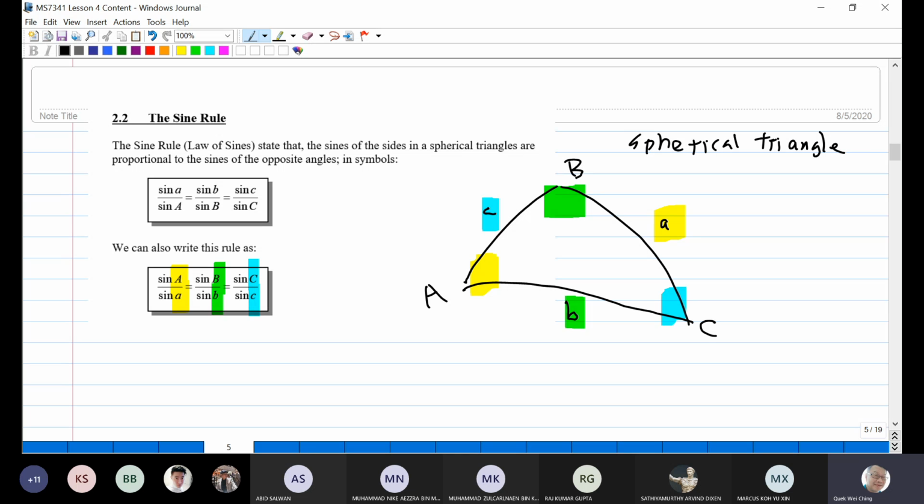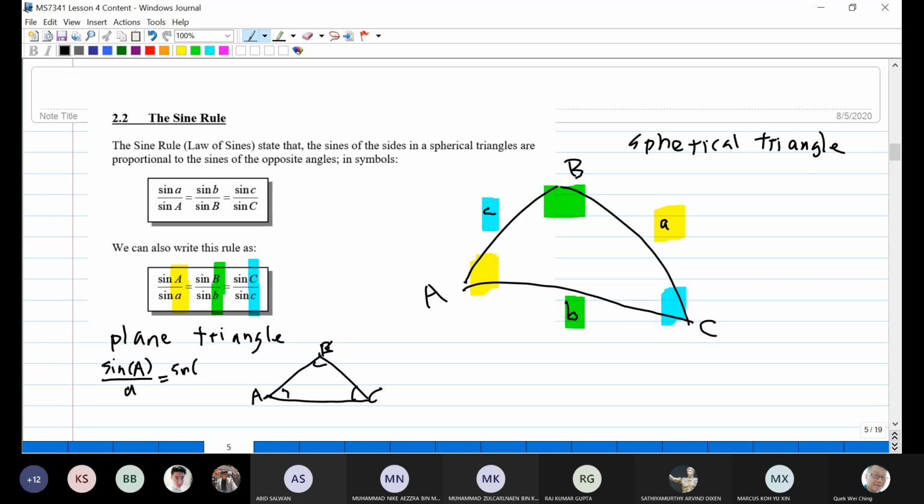And how about a plane triangle? Just recall, for a plane triangle, if you have a triangle ABC with sides a, b, c as straight lines, and angles A, B, C, the sine rule says that sine of angle A over side a, no more sine of the side now, is the same as sine of angle B over side b, and sine of angle C over side c.